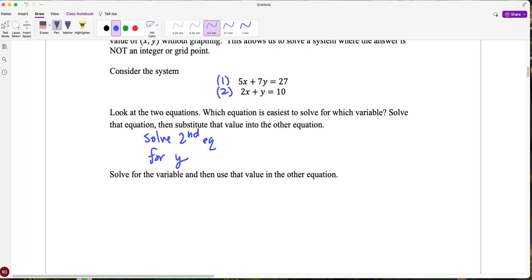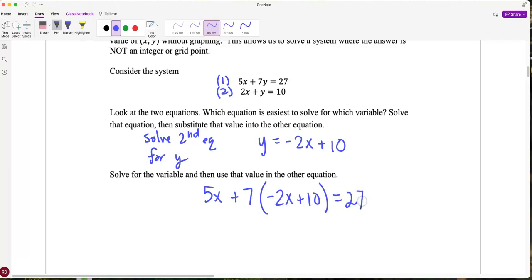So solving the second equation for y, you get y is negative 2x plus 10. Now, since that's from equation 2, I've got to plug it into equation 1. So 5x plus 7, and this is where I substitute negative 2x plus 10, equals 27.